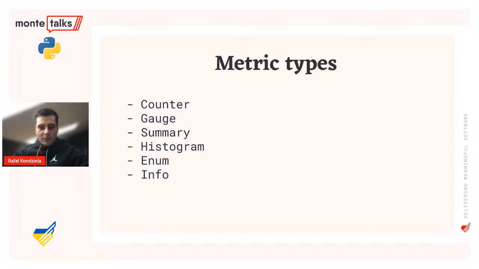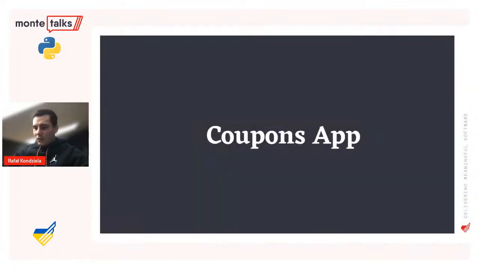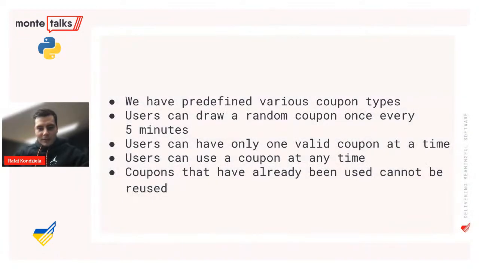And for the purpose of today's meeting, as I mentioned, I created the Django REST API application, called coupon app. And this application has the following requirements. We have predefined various coupon types.